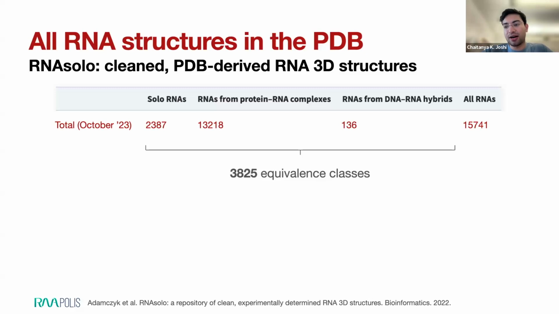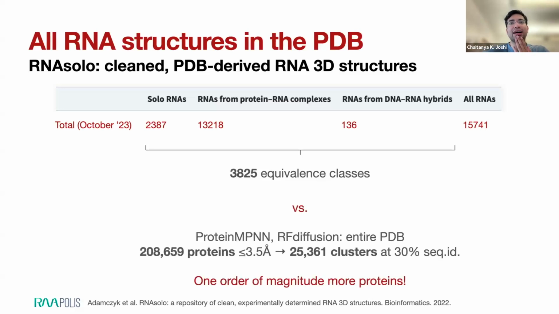So it cuts out RNAs from complexes, which can be tricky because if you're cutting molecules out of complexes, they're obviously in their bound form, but they can still teach you something about the way that RNAs form structures. And so we took this data set called RNASolo. Of course, it's one order of magnitude below what's available for proteins, but we tried to process this data and release it in a way that others could use it as well.